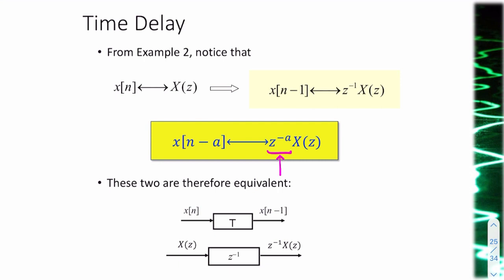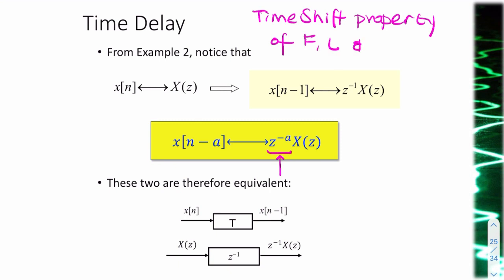So if you like, this is the time shift property of the zTransform. It reminds you of the time shift property of the Laplace transform. And before that, the time shift property of the Fourier transform. So Fourier, Laplace, and z-transforms.